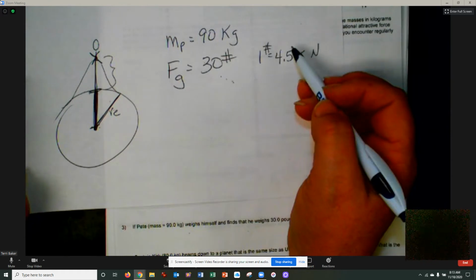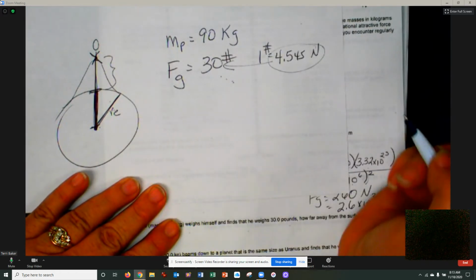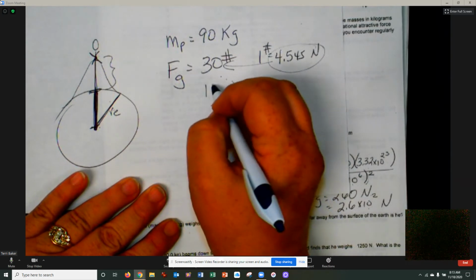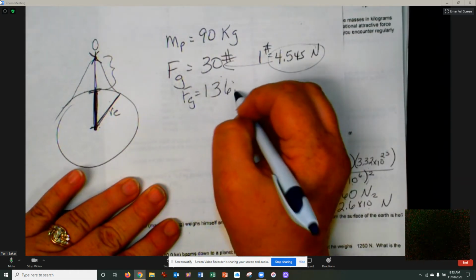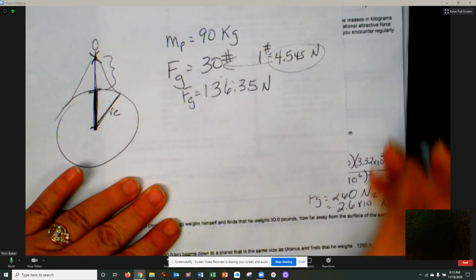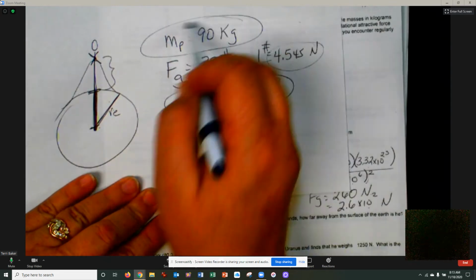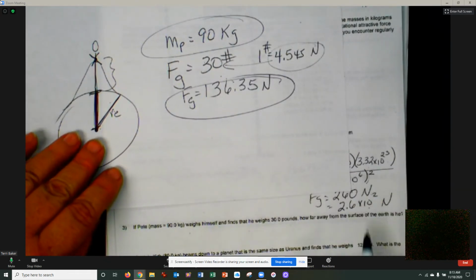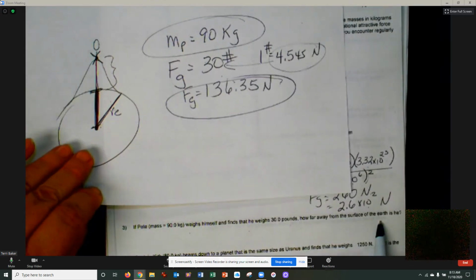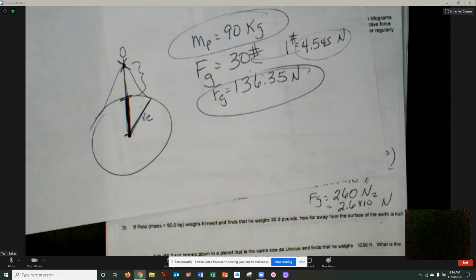Okay? So we're going to multiply this by the 30 to find how many newtons we have. And what you're going to get is 136.35 newtons. So you have F of G, you have the mass of Pete, you have the mass of Earth. It's on the chart. So now we can plug it in.